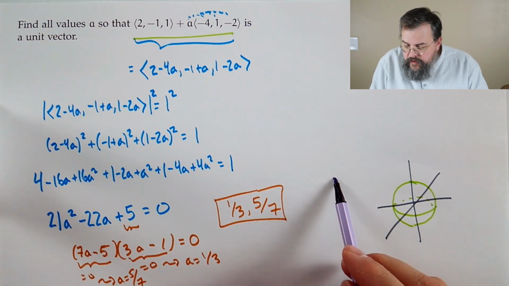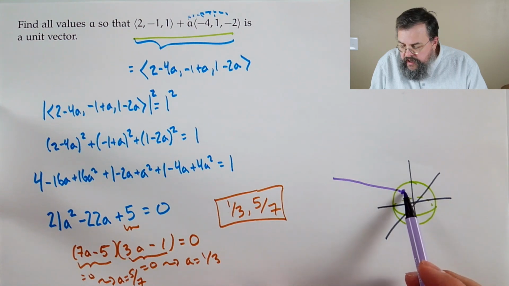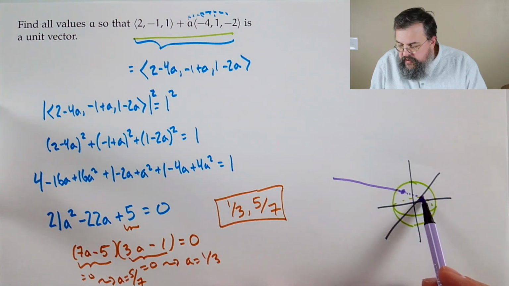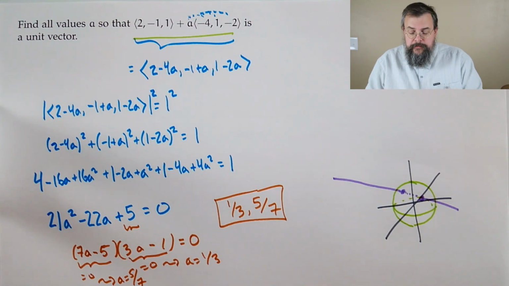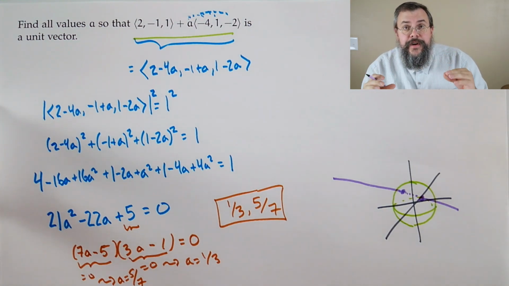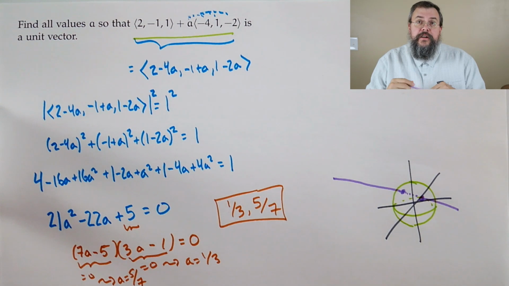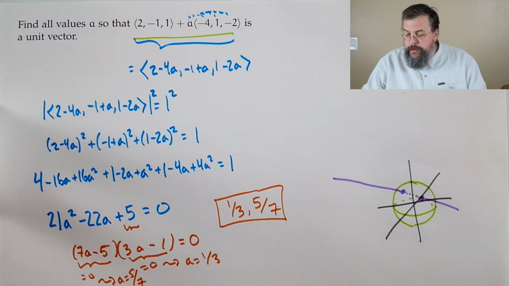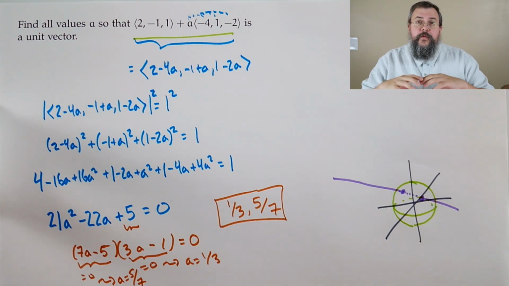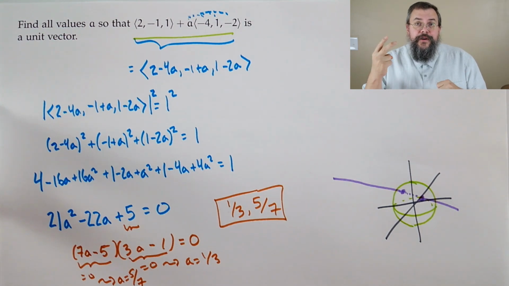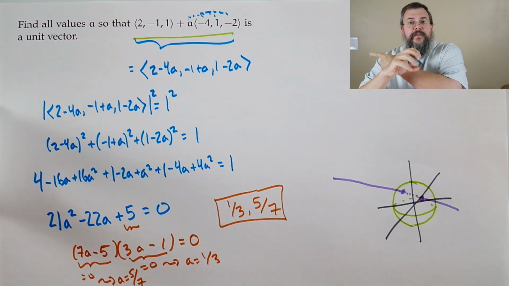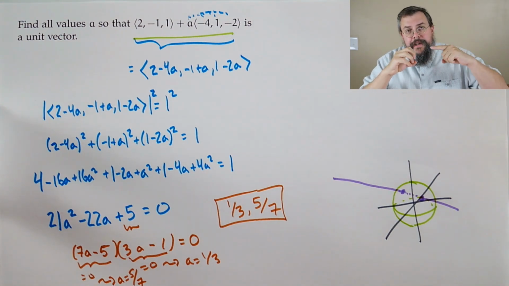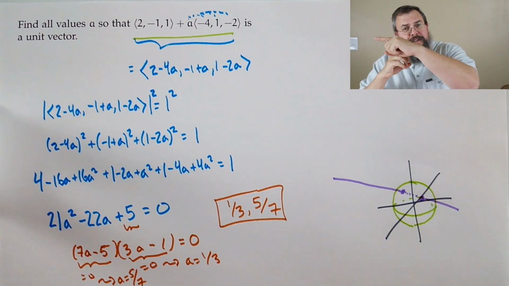And so in essence, what's happening here is we're trying to find the places where a line is intersecting a sphere. That's what it turns out to be equivalent to, which means that for any problem of this nature, there will only ever be 0, 1, or 2 answers. 0 would be if the line completely missed the sphere. 1 is if it just barely touched the sphere.